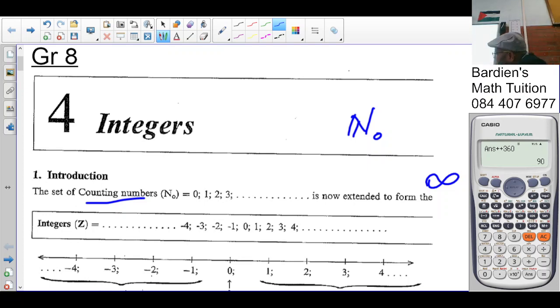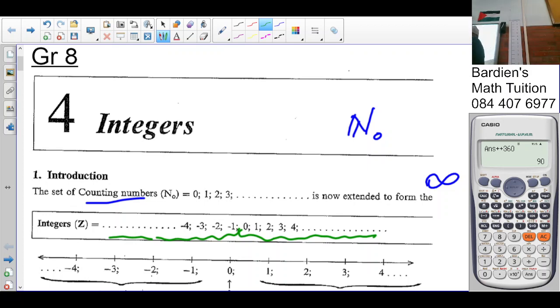Now you see integers. Integers is denoted with a Z. And in the Z, we have this here, which we are familiar with already, which is our counting numbers. And this side, we'll have our negative numbers. Can you see that, people?